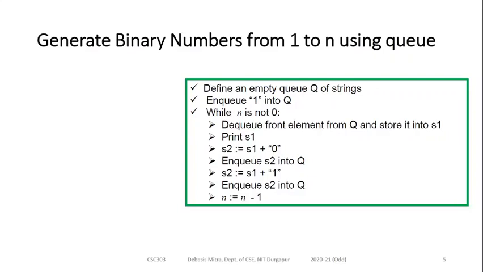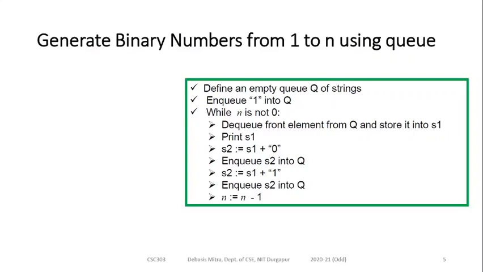So 1 will be the first output. Remember, the queue should be a queue of strings. We are dealing with strings right now, not binary numbers or integers. So the queue should be implemented as a queue of strings.